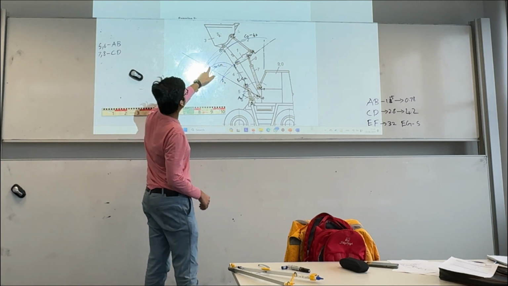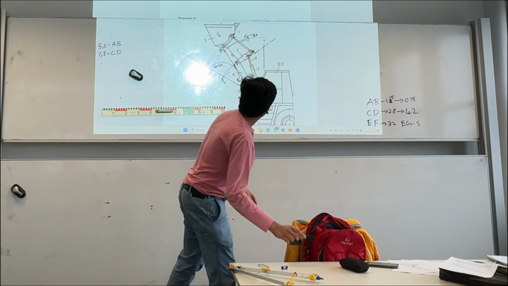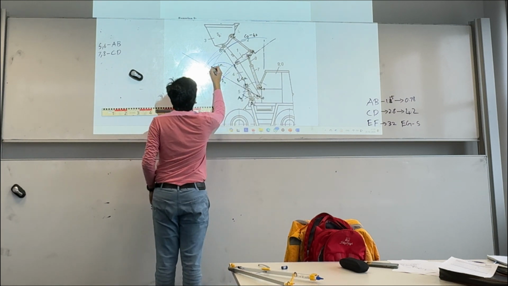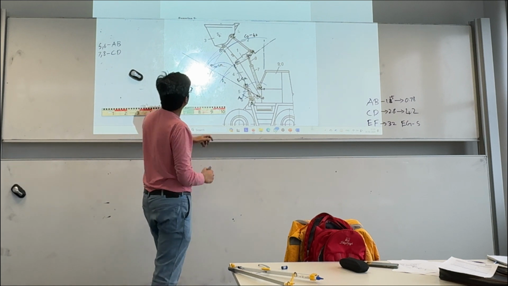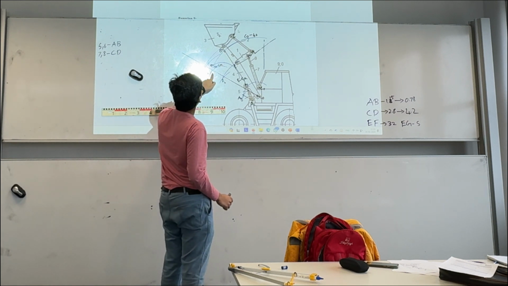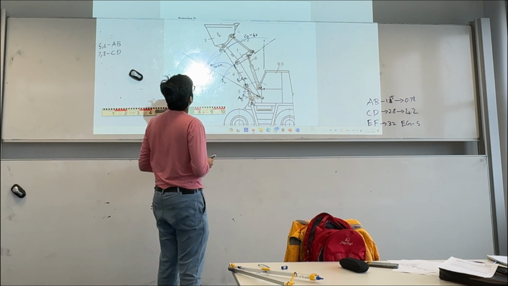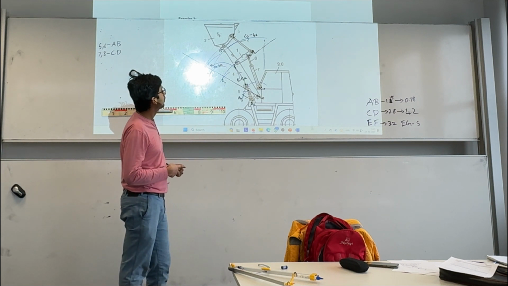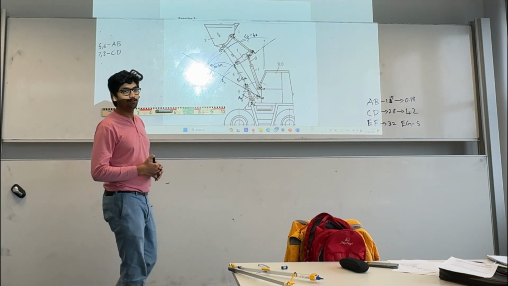The last step I did was to find the H2 point. That's the H2 point. So now I have F, C, and H. How do you think I could have found it?